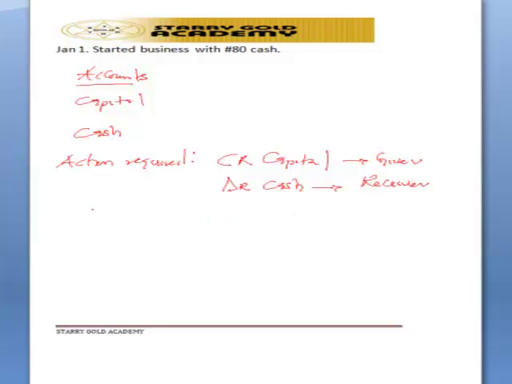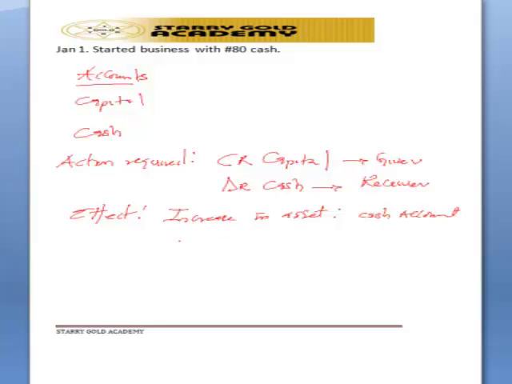And what is the effect of this? Remember, cash is an asset, and from our previous illustration, a debit entry in an asset means there is an increase in assets, and that asset here is the cash account.